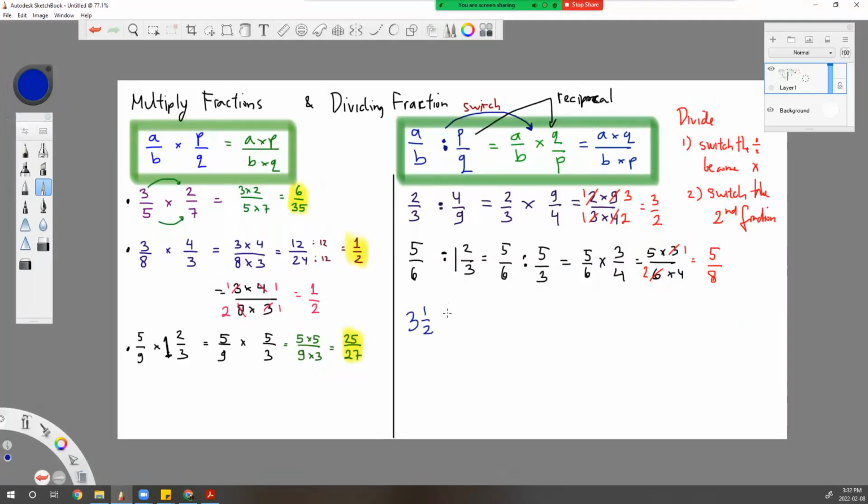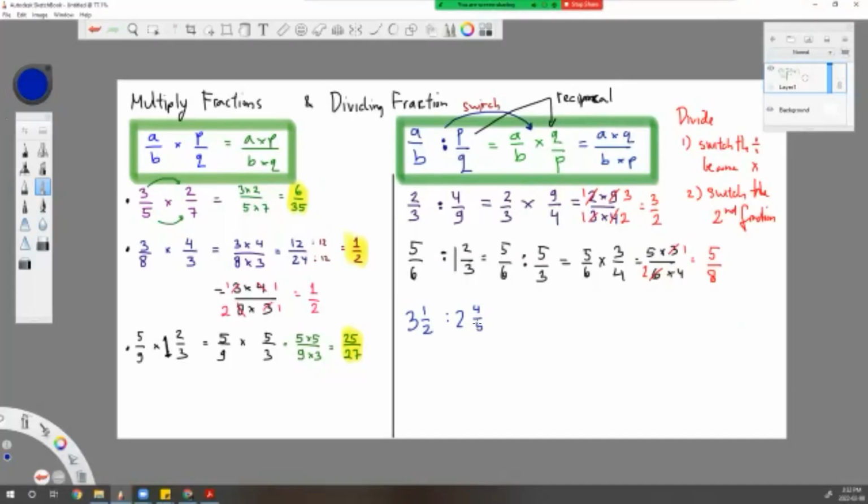3 and 1 over 2, you divide by 2 and 4 over 5, let's say. This is quite challenging. Again, when you meet this mixed fraction, you need to change into an improper fraction. So 2 times 3 as usual, 2 times 3 is 6, 6 plus 1 is 7, right? 7 over 2. You divide, still division. Why?